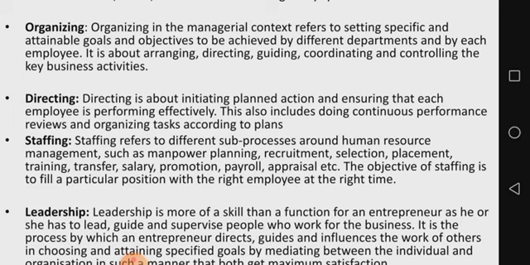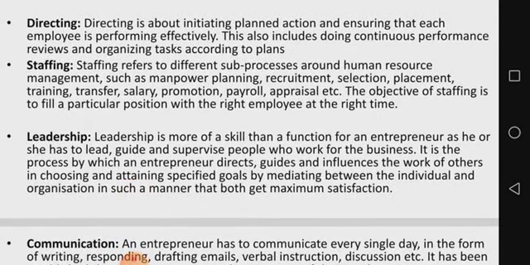All these factors come under staffing. Once you own a business, you need employees, you need staff, you need workers to work for you. It's not like you pick anybody or everybody for your company. You have a selection process. Once they are selected, some may need to be trained, so you will train them. So this is called staffing.